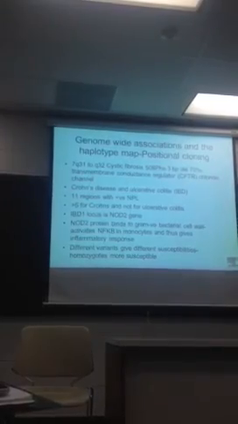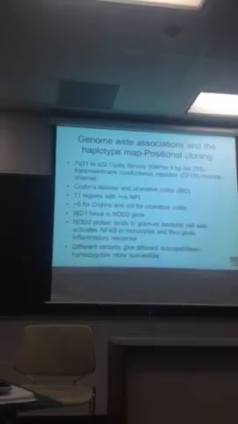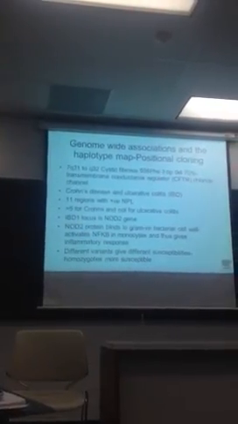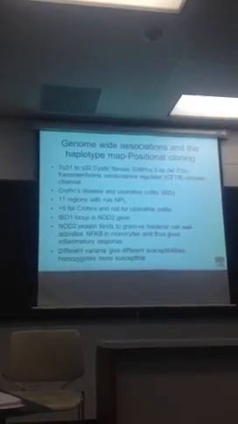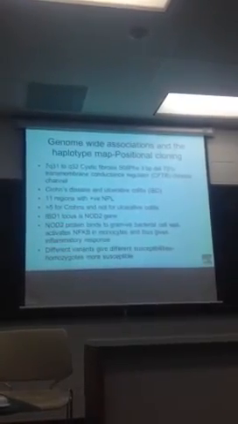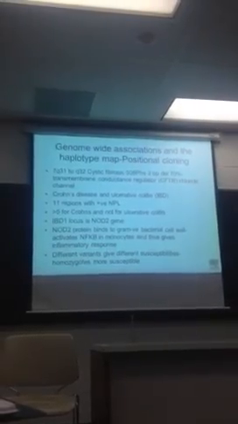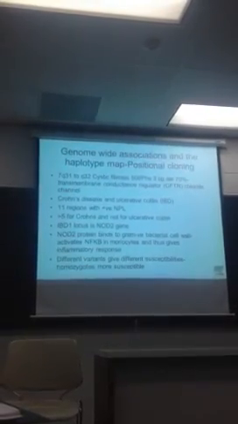So we basically touched upon genome-wide associations in the last class a little bit. Several regions and genes have been cloned by using positional cloning. But what are genome-wide associations?